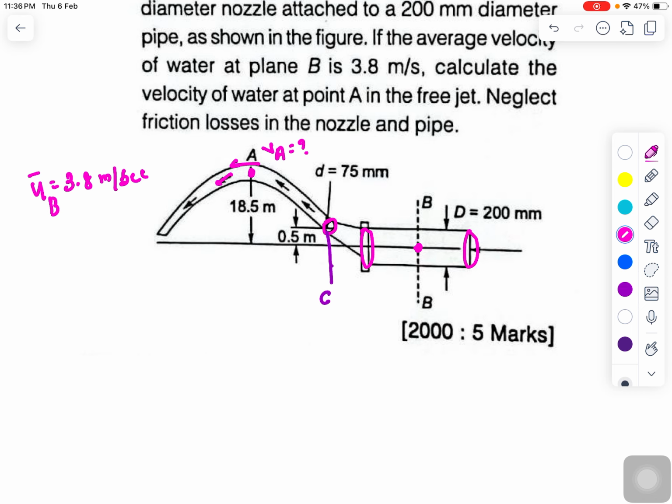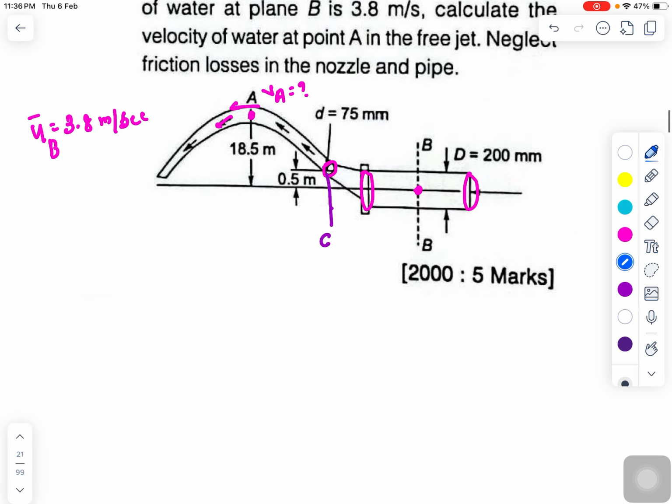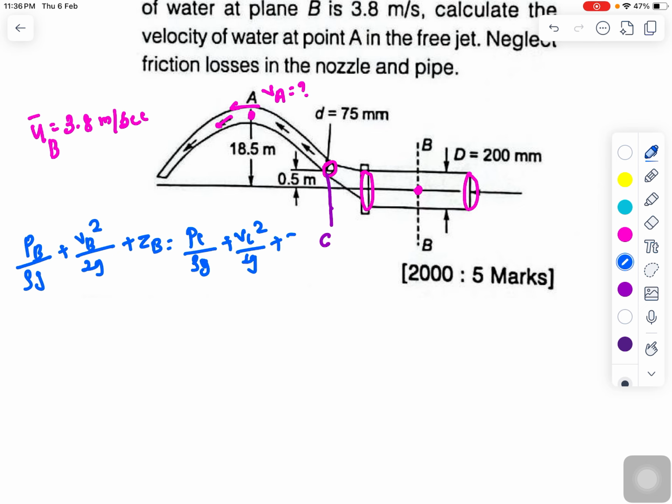So if I apply the Bernoulli's equation at points B and C, what I can write is PB by rho g plus VB square by 2g plus, let's say, ZB, that is equal to PC divided by rho g plus VC square by 2g plus ZC. Is that clear? Okay, great.